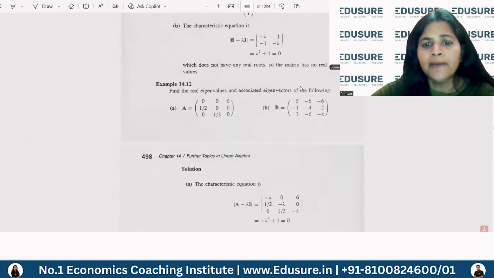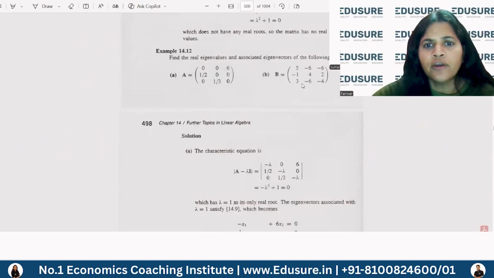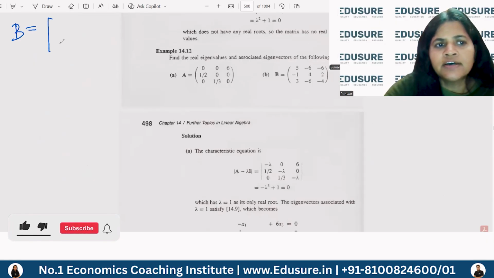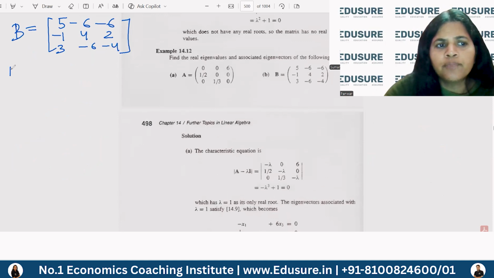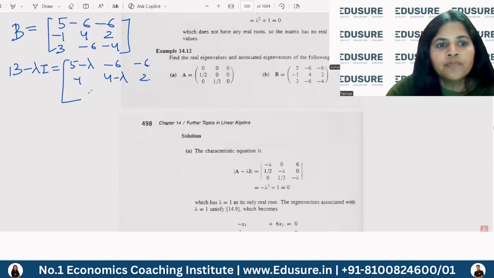Let us try to do this for a 3 by 3 matrix. Let's try it for matrix B. What is your matrix B? Matrix B is 5, minus 6, minus 6; minus 1, 4, 2; 3, minus 6, minus 4. So your B minus lambda I would be 5 minus lambda, minus 6, minus 6; minus 1, 4 minus lambda, 2; 3, minus 6, minus 4 minus lambda.